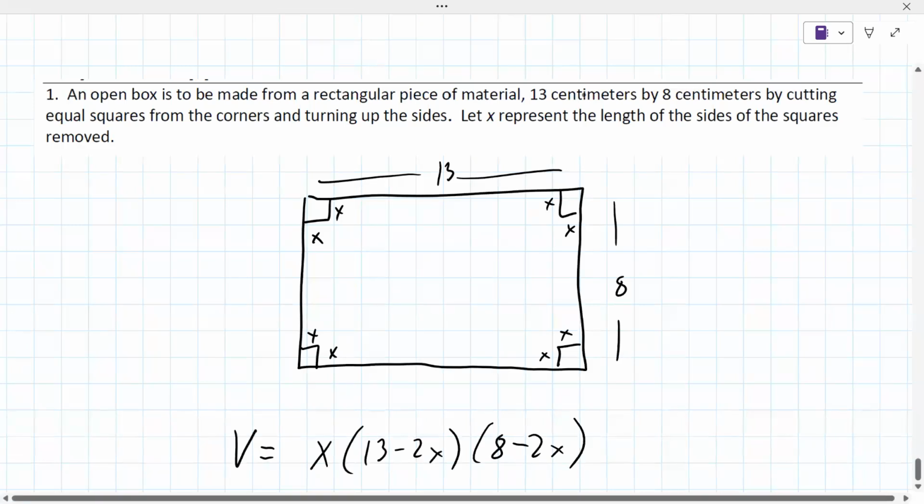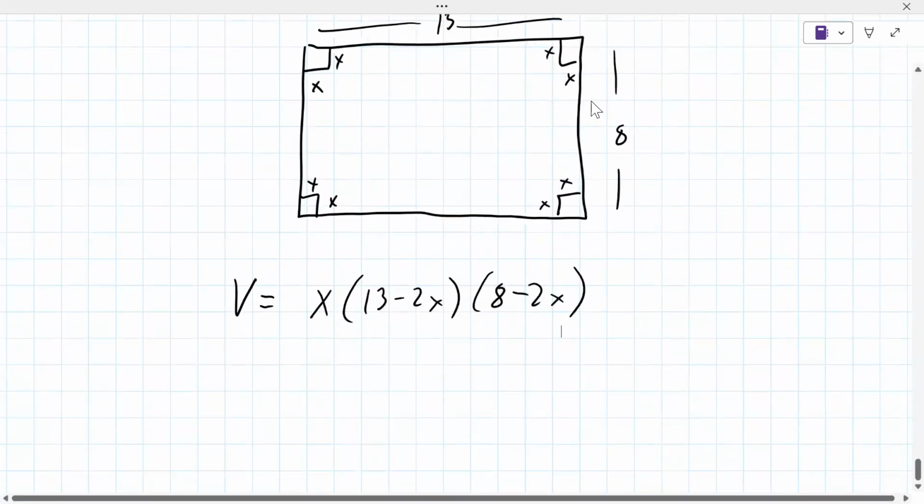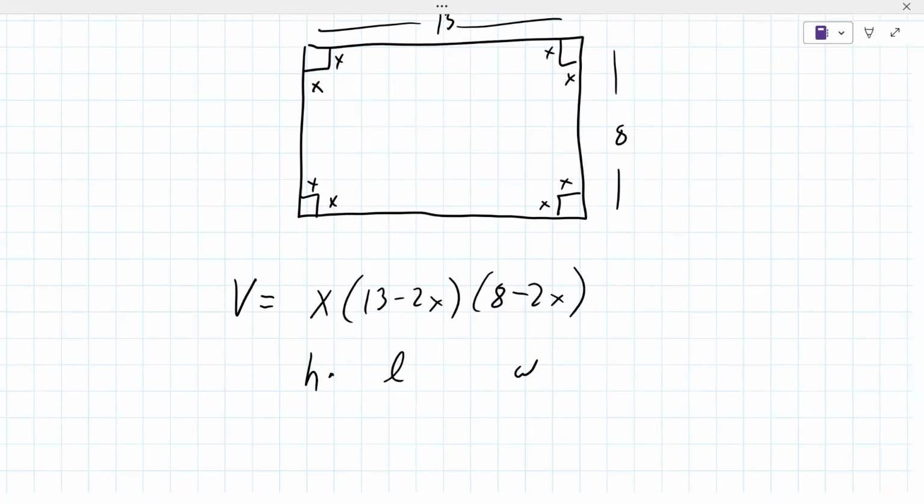Now where this gets challenging is that you are supposed to FOIL this and then multiply by x. Where did the x in the front come from? Height. Height, length, width, if you will. You want to try foiling that for us?